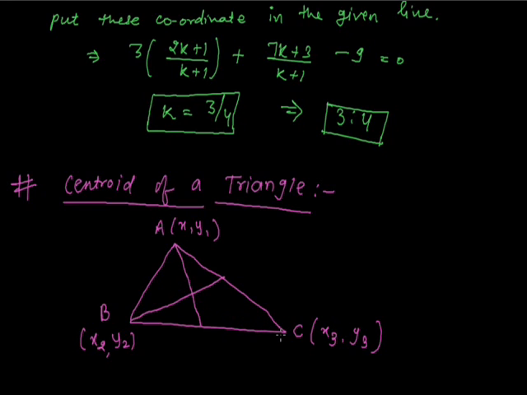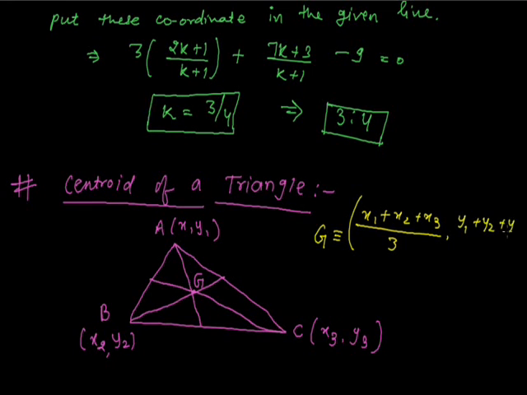It is the point of intersection of medians of a triangle. Generally it is denoted by capital G and the coordinate of G is given as x1 plus x2 plus x3 divided by 3 comma y1 plus y2 plus y3 divided by 3. These are the coordinates in order to find the centroid of any triangle.